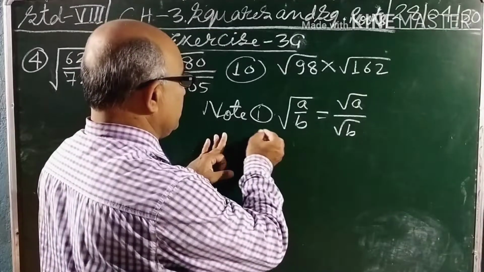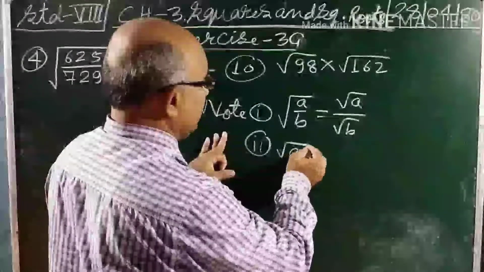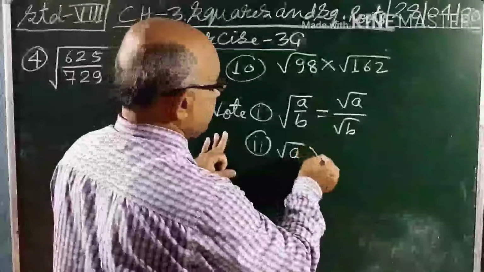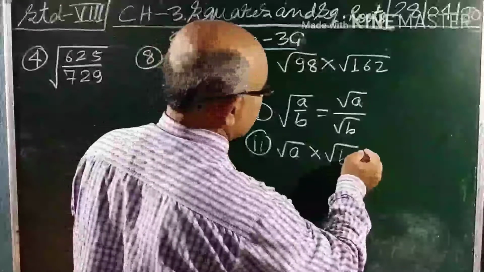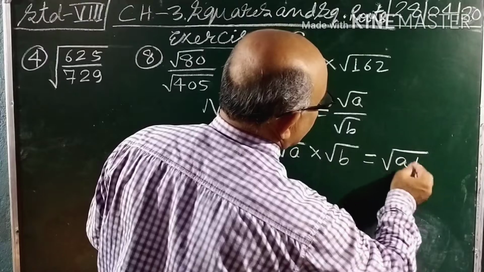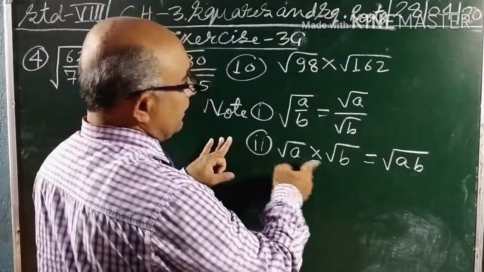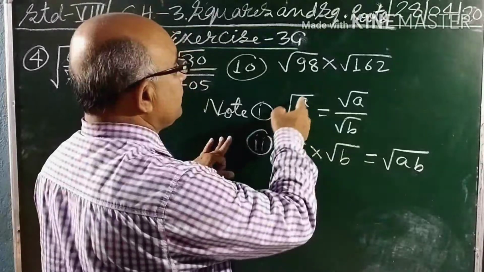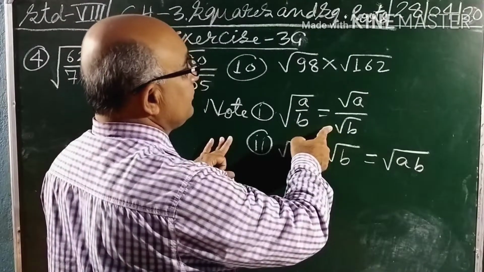And the second note is: under root a into under root b equals under root ab. Now under root ab equals root a into root b. Under root a by b equals root a by root b, same.